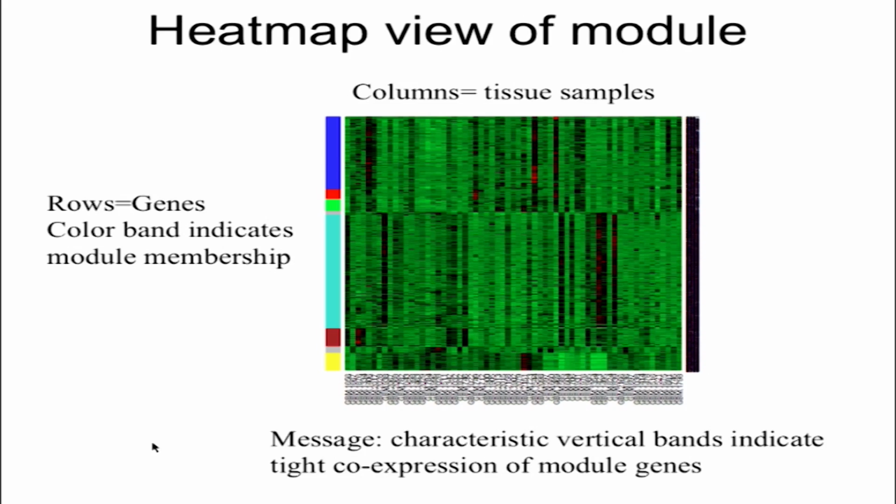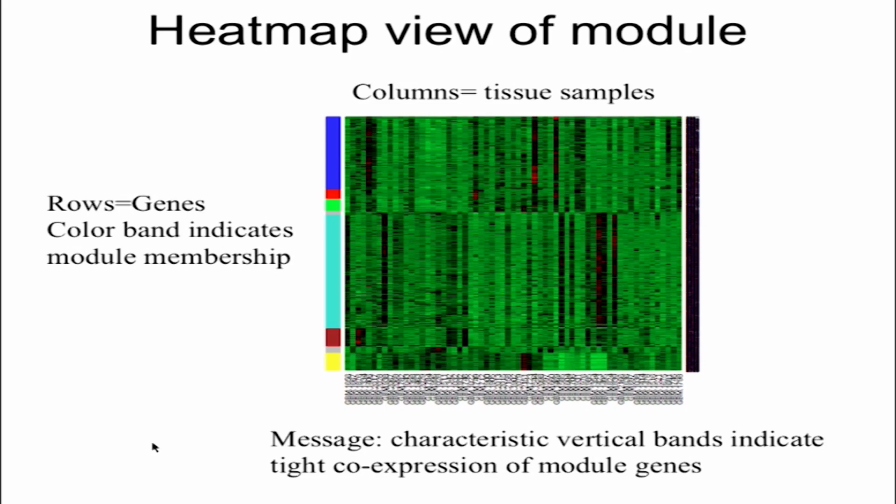Well, the vertical black indicates the genes are highly overexpressed. And so what we learn is the blue module genes are highly overexpressed in these people, but they're underexpressed in these people. Green means underexpressed. And so the vertical bands indicate that these genes are co-expressed. They go up together, they go down together. And so it's no surprise, these are co-expression modules. You know?